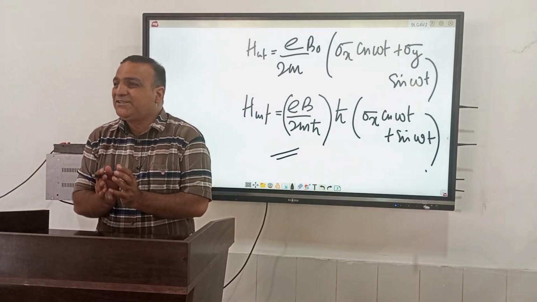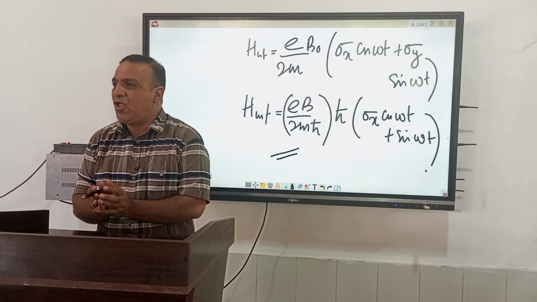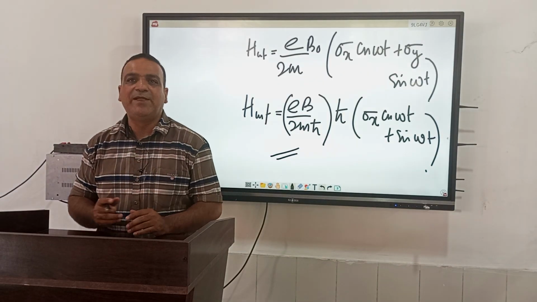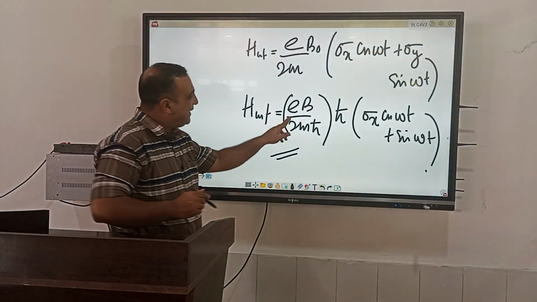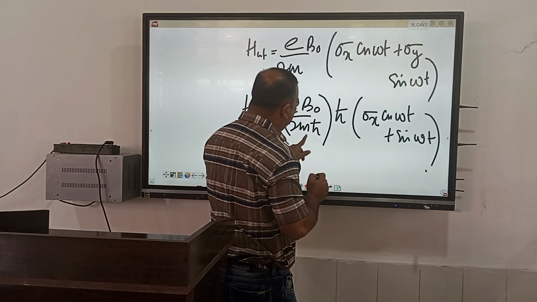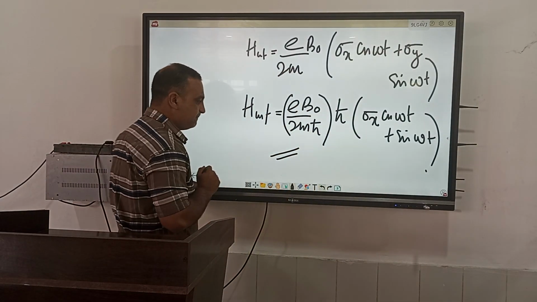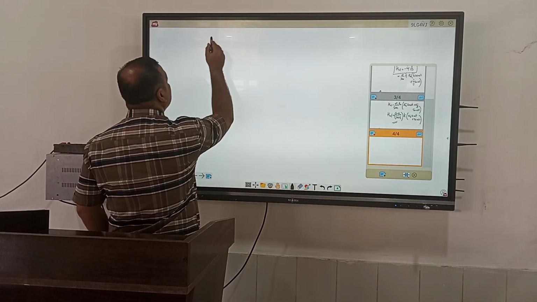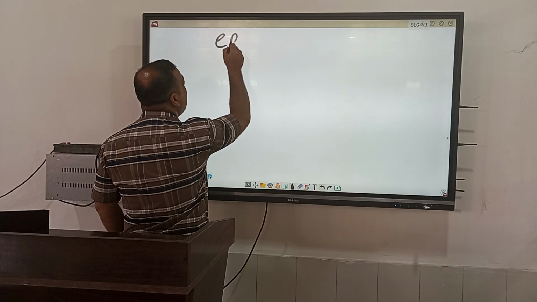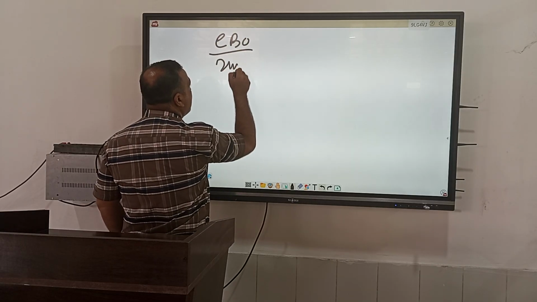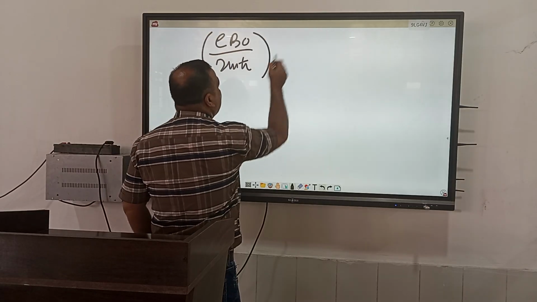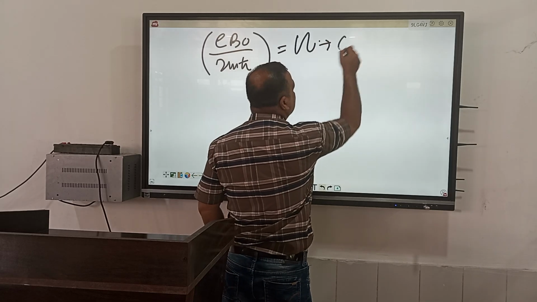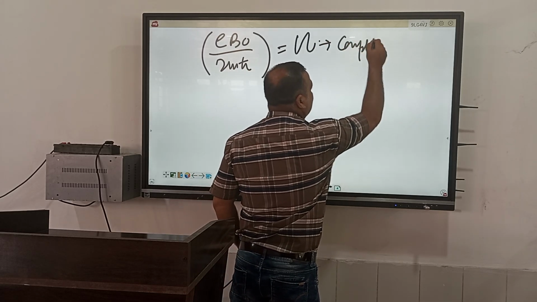It gives us the measure of strength because you have an interaction of the external magnetic field with the spin angular momentum of the electron. So this eB naught by 2m h bar is equal to a constant omega. Now this is a coupling constant.